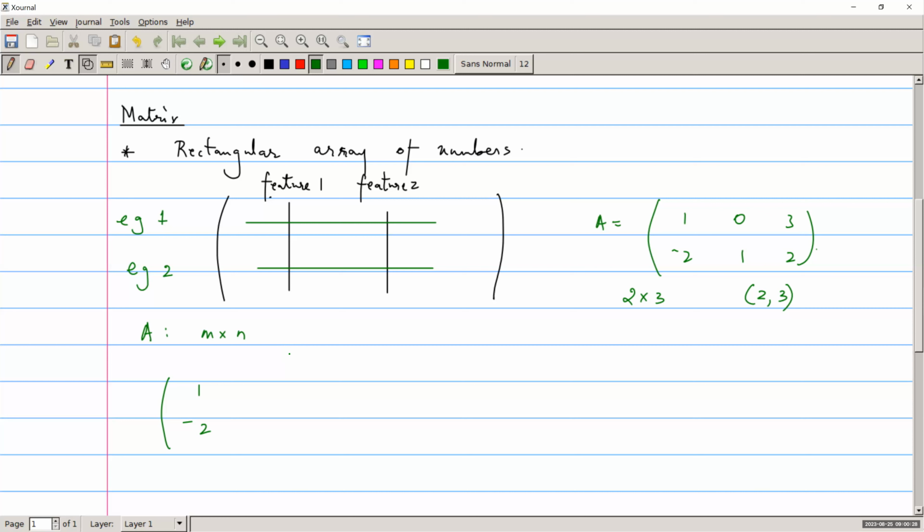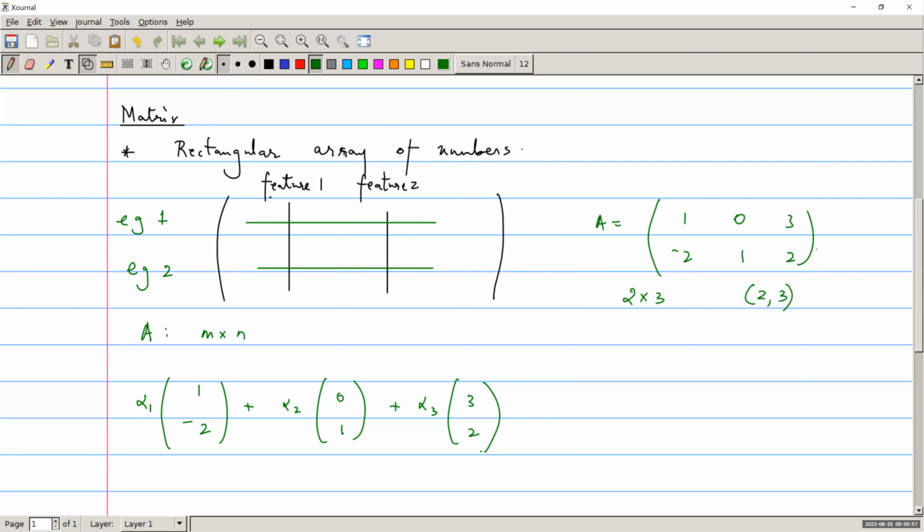I want to multiply the first column with a number alpha 1, the second column with alpha 2, and the third column with alpha 3. So I want this particular linear combination.